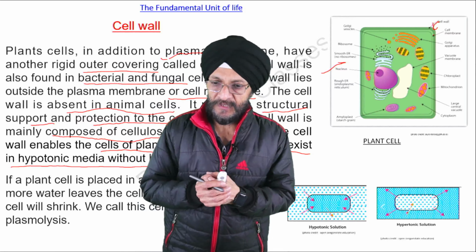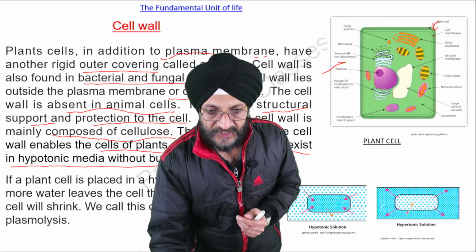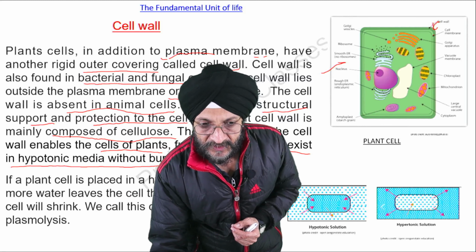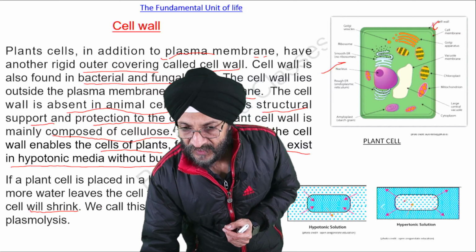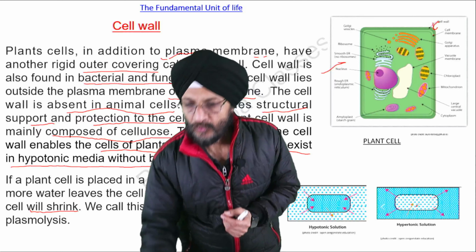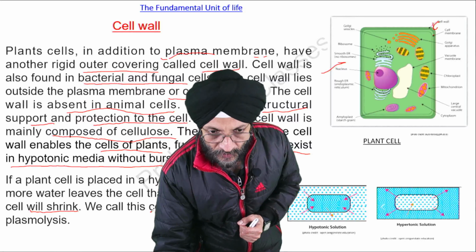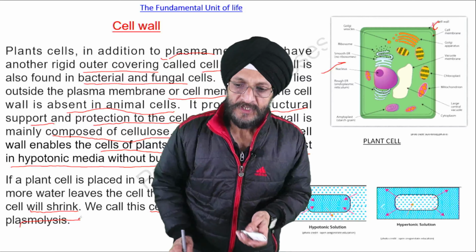The net result will be that more water will leave the cell, and the cell will shrink as water comes out of the cell in more quantity. We call this contraction of the cell plasmolysis.